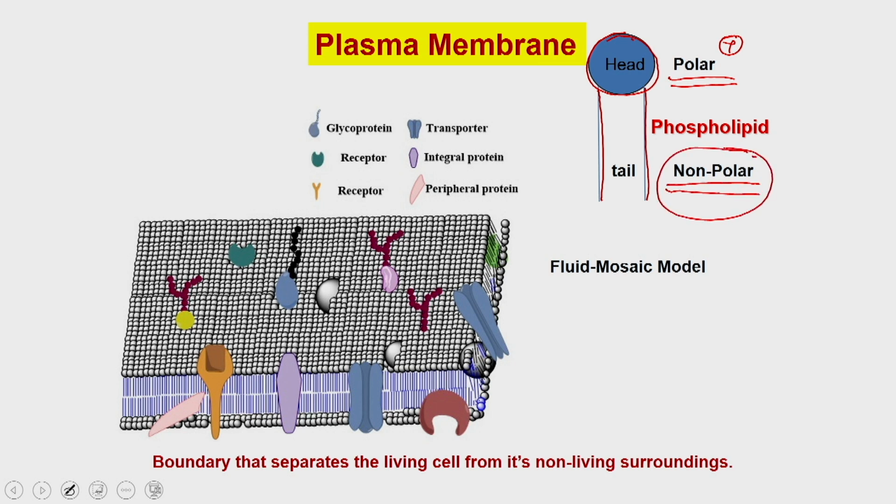So the head is always directed towards the water or the aqueous environment, whereas the non-polar tail is directed towards the non-polar interaction. That is why the two phospholipids are arranged tail to tail and head to head. Because of that, you have the bilayer present in the plasma membrane, and within this bilayer sandwich you are going to have different types of protein.